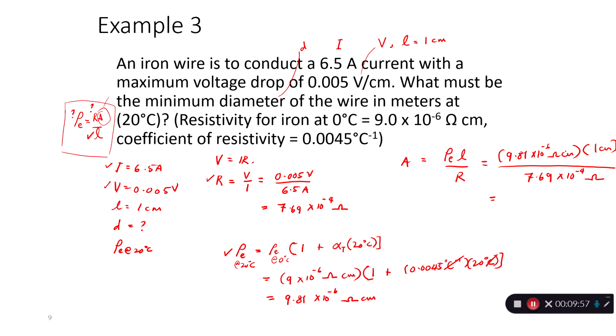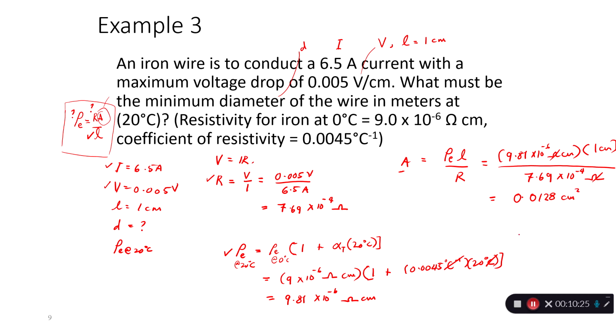Check the units. Ohm will cancel out. Cm times cm will be square centimeters, which is exactly what we want because it's area. The area is 0.0128 cm squared.